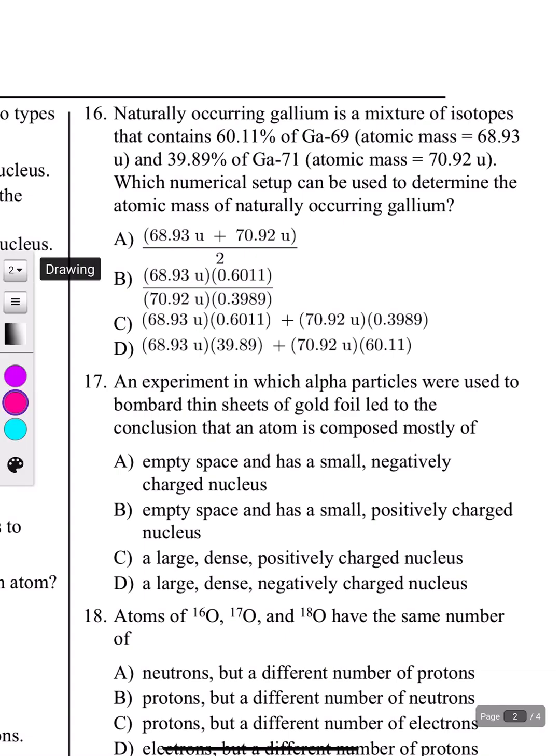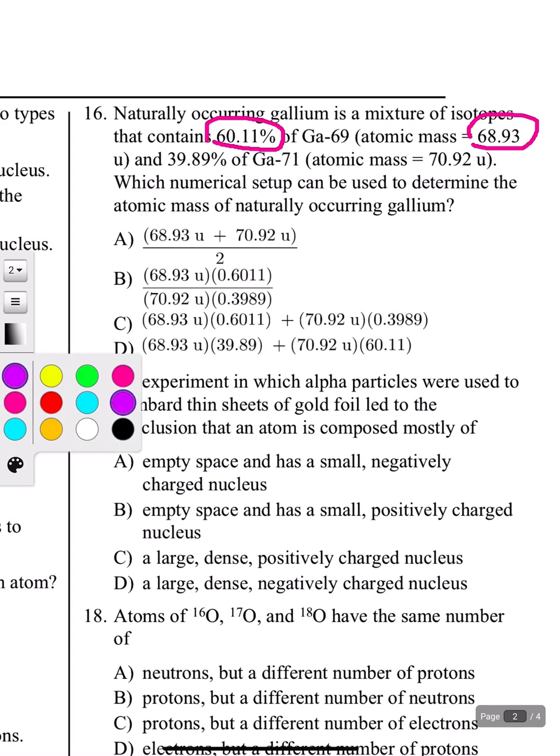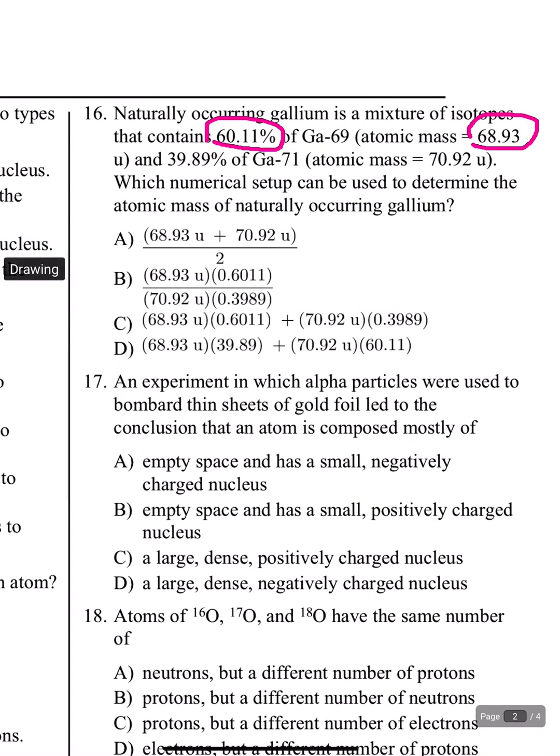So they give you a percent and they give you the atomic mass. Then they move on to another isotope, give you the percent and the atomic mass. Okay, and which one is the numerical setup? So they're not asking you to solve it.